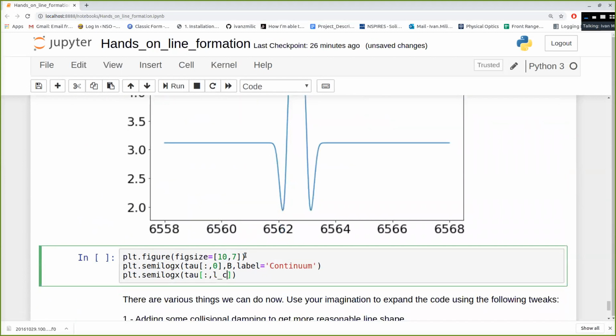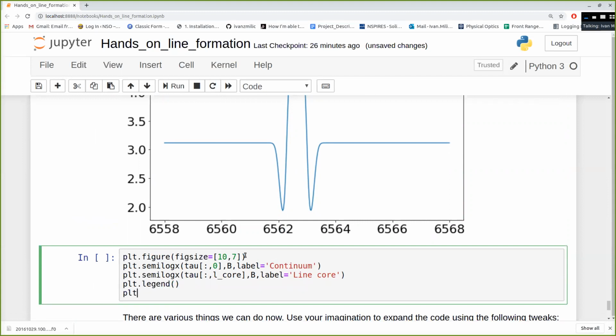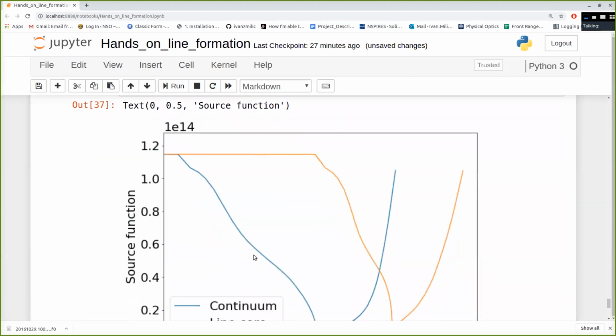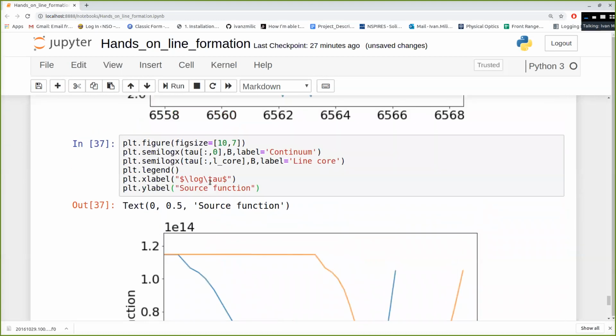L core, B label line core, and then we have legend. The x label is log tau, the y label is source function. This is the plot which we discussed previously.